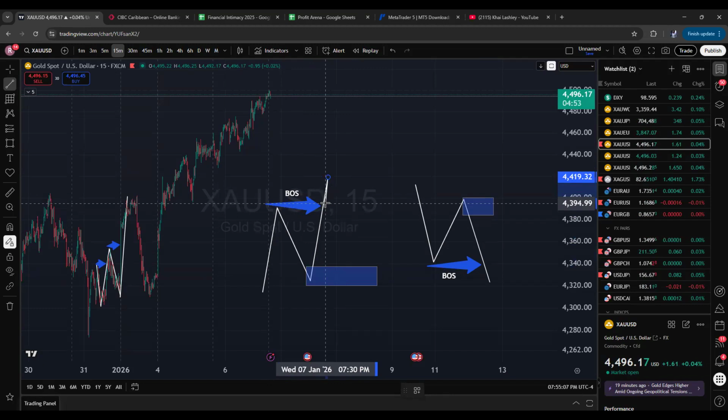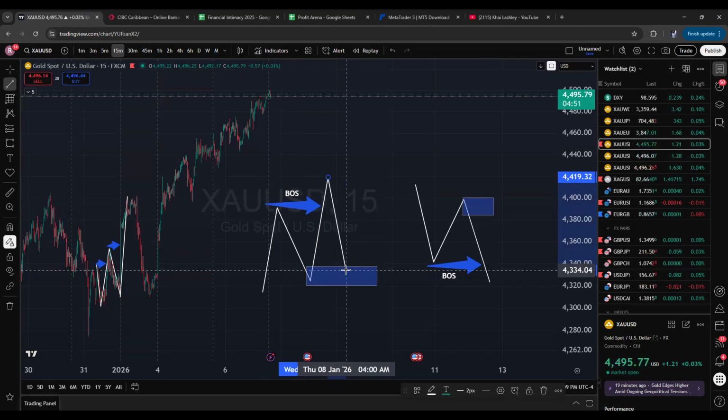So if I see this, where I am looking to buy back in this area, guys, watch this. Only two things could happen: it either comes back or it does not. Don't get caught up in that.